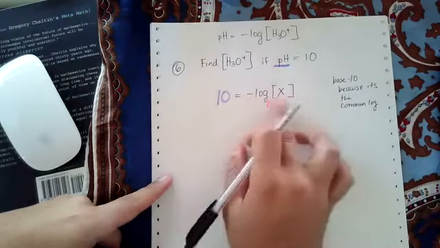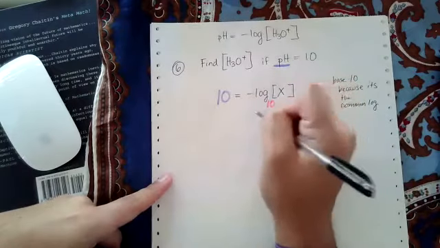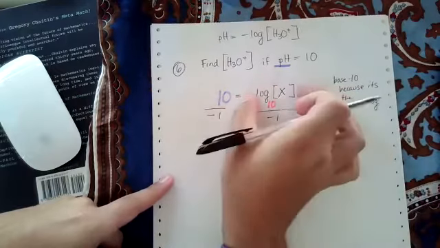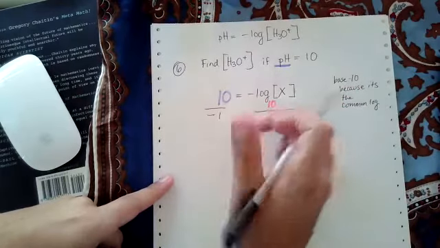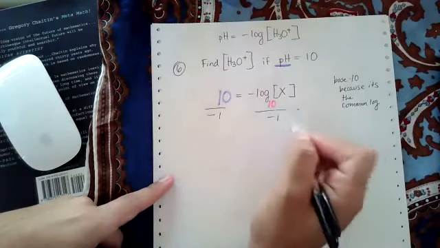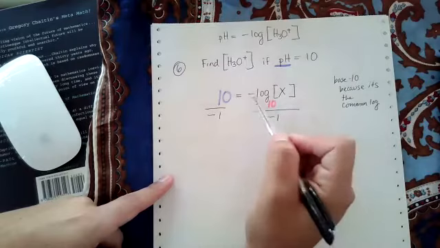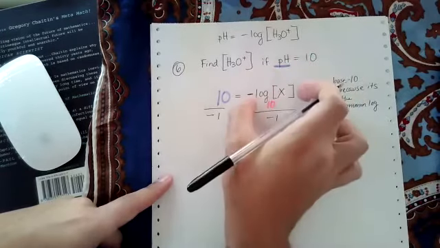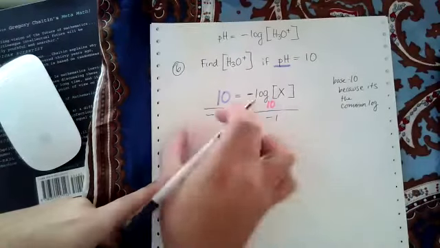So one thing that you might do is just divide both sides by -1. And we can do that even though this is still a log, because we have -1 times this logarithmic expression. So if we're multiplying this -1, this negative sign, then we can divide it away by dividing it on both sides.